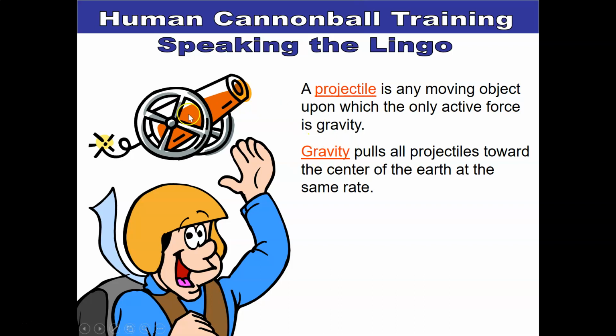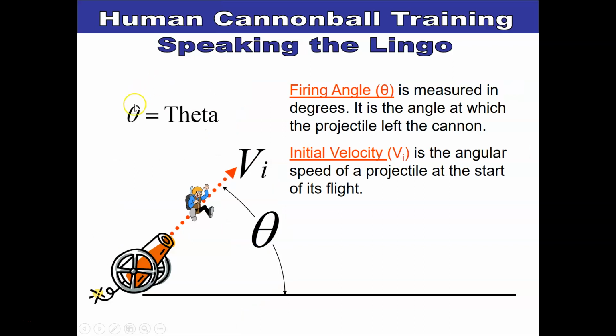If there were no gravity, whatever the object was would continue on a straight line that it is shot at, whatever that angle is, forever. So gravity helps us get back to the ground there. A variable that you're going to use when dealing with projectile motion, if you've never seen this before, is a Greek letter called theta.